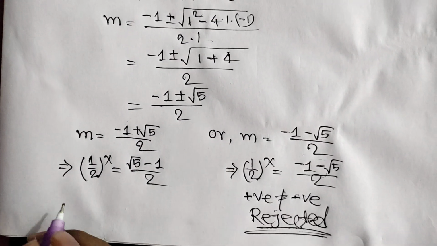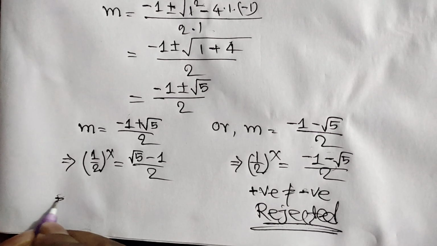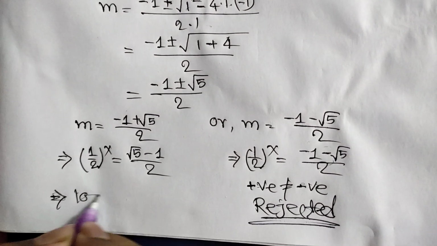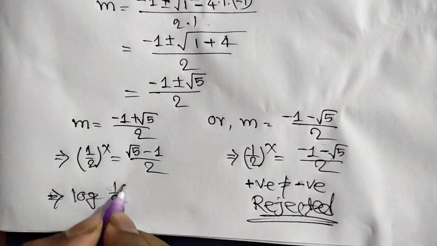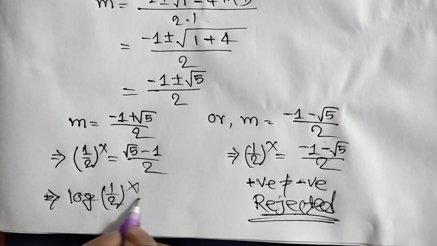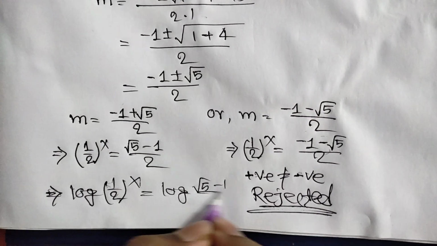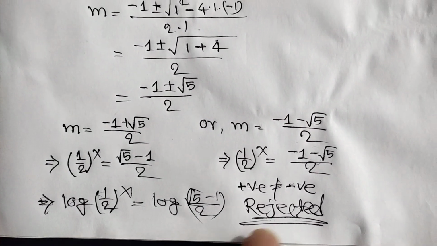So now from here, taking log to both sides, we can write log of 1 over 2 whole to the power x is equal to log of square root of 5 minus 1 over 2.